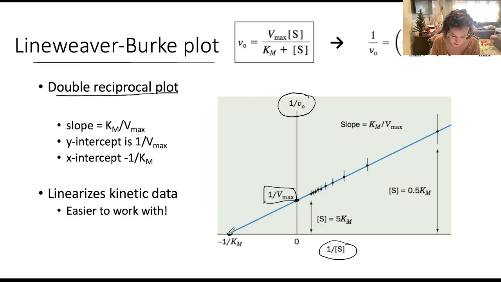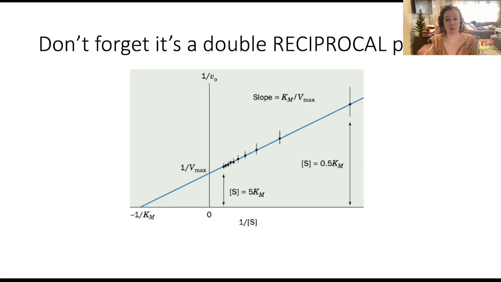The x-intercept is negative 1 over Km. So we could take each of these data points from the graph and directly calculate Km and Vmax, which is super, super helpful. And this is why plots that linearize the data are so helpful.